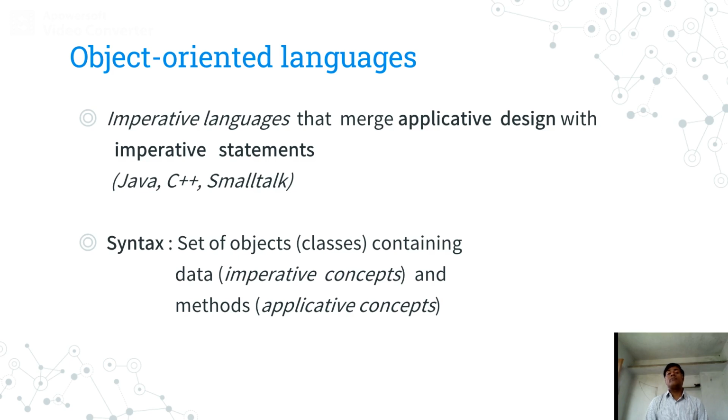Java, C++ and Smalltalk are languages that come under object-oriented languages. In syntax, object-oriented languages define objects as classes containing data. Data is the imperative concept and methods are the applicative concept.